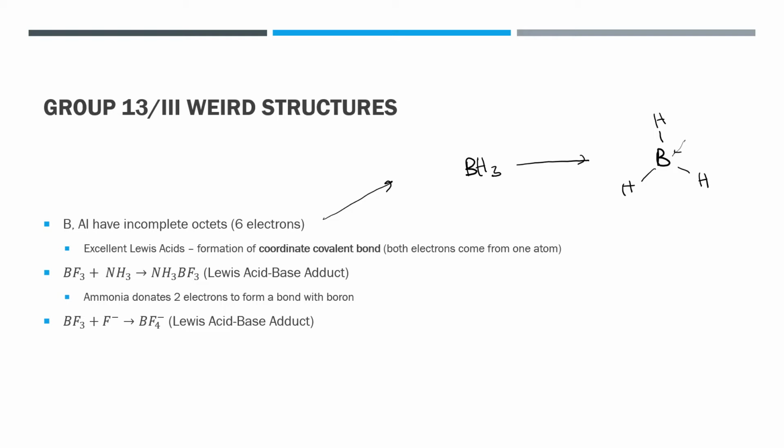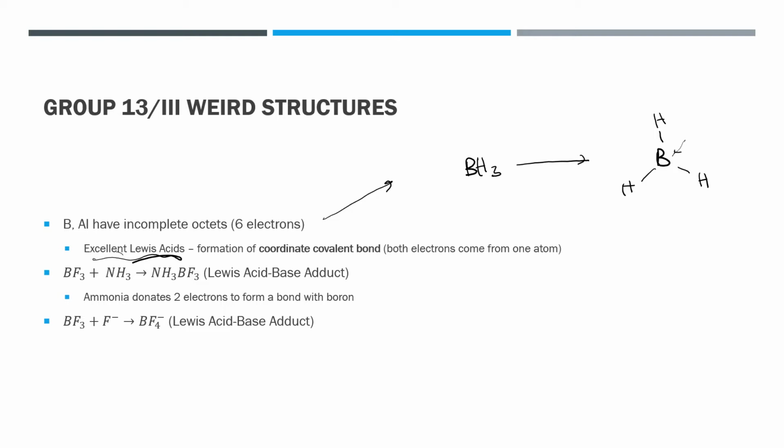Okay, so what does this mean about boron and aluminum and other elements in that group? They form excellent Lewis acids. So why is this, right? Because these boron and aluminum compounds have only 6 electrons. It still kind of wants an octet, right? Octets are always very stable.